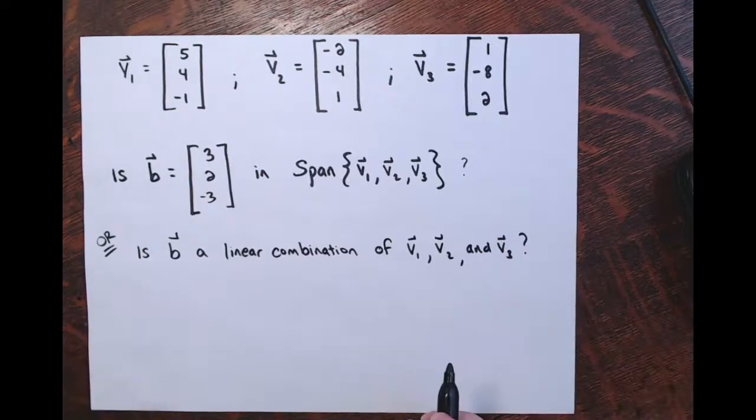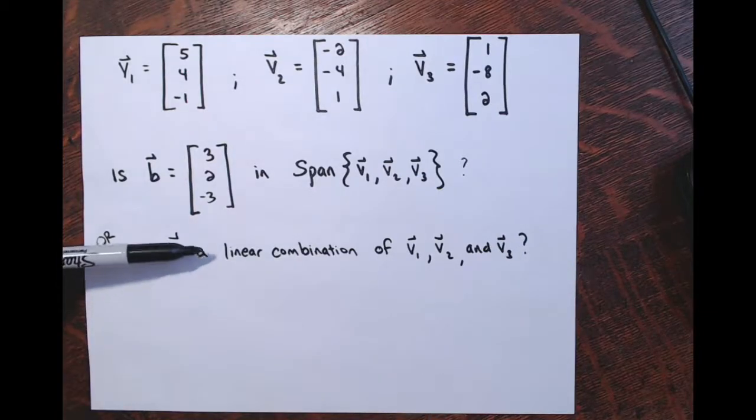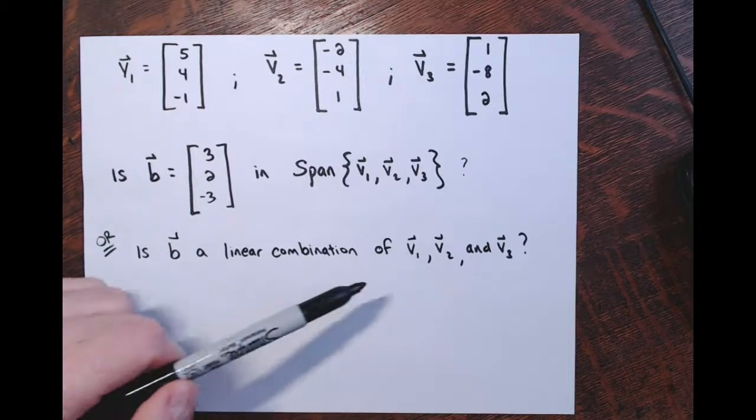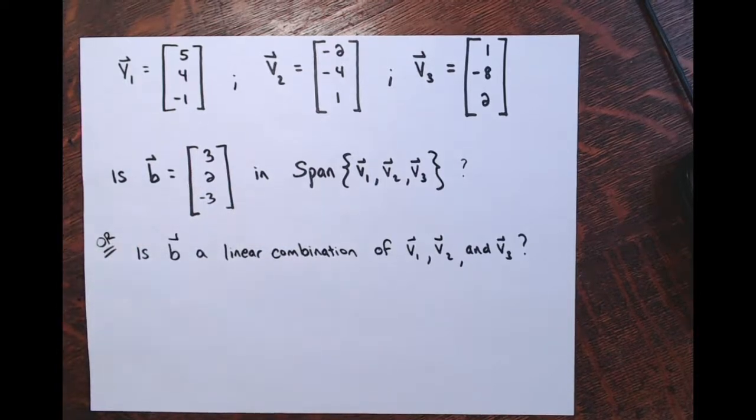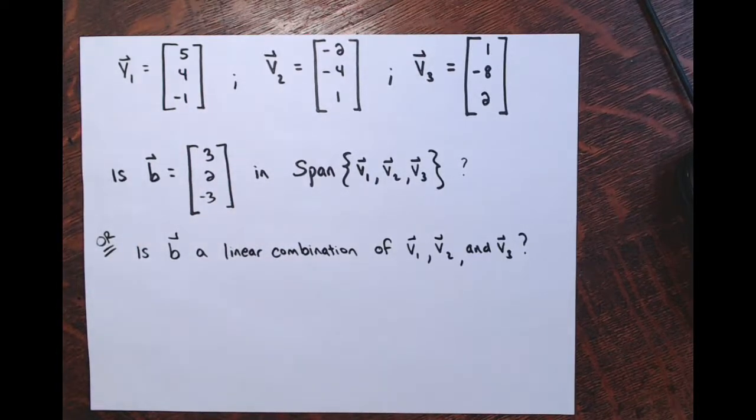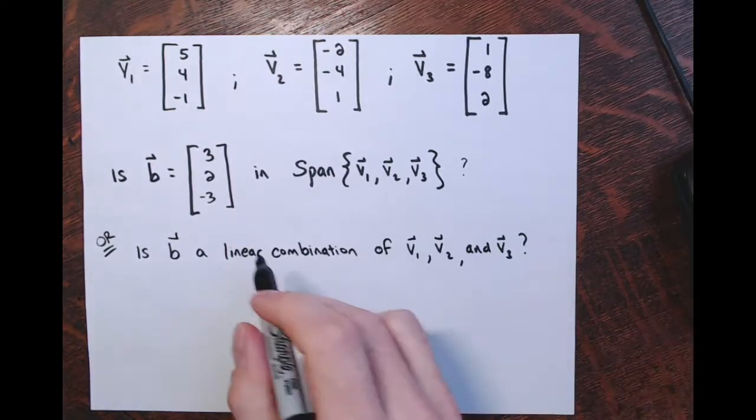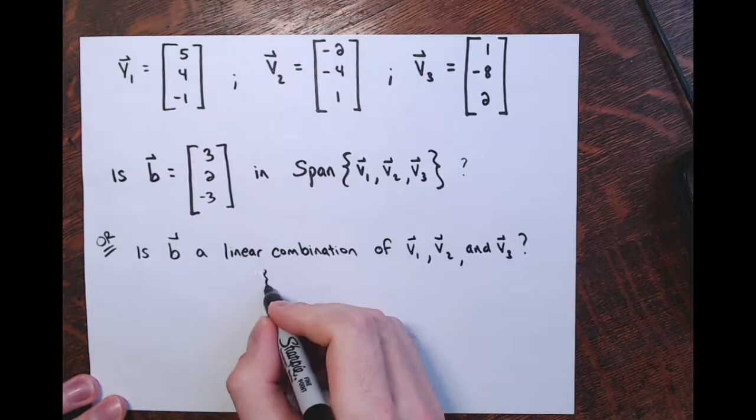That is the same question, because if the answer is yes, then this vector is in the span of that set. And if the answer is no, then this vector is not going to be in the span. In order to be in the span of a set of vectors, you must be a linear combination of those vectors. And this is all equivalent to solving this system.